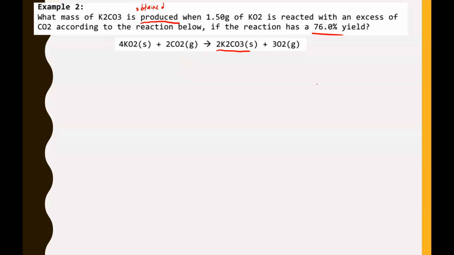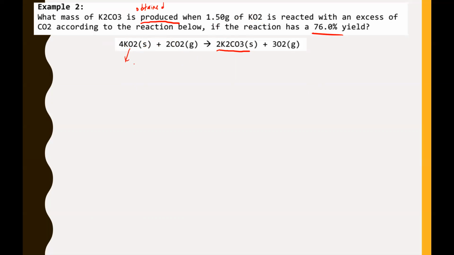Nevertheless, though, we should find our expected amount using Stoich because there's nothing stopping us here from doing that. We know the mass of KO2 that is used. We can use the molar mass of KO2 to find the number of moles of KO2, and then just use our molar amounts using our coefficients to figure out how many moles is going to be expected to be produced.